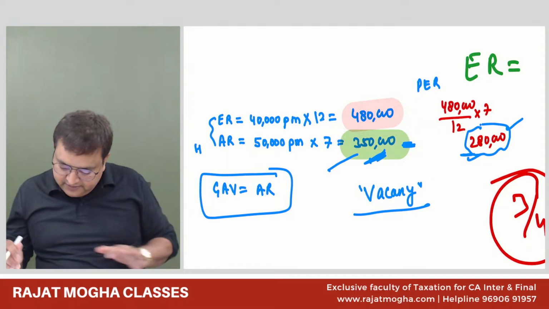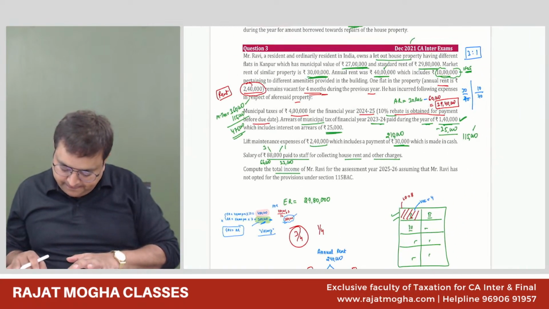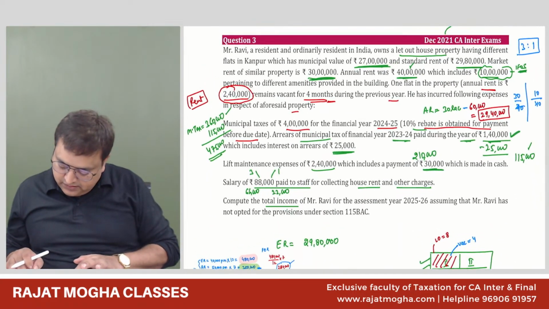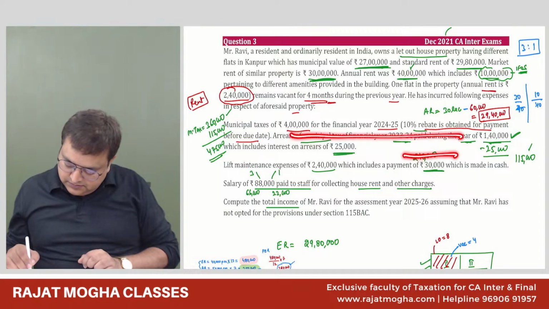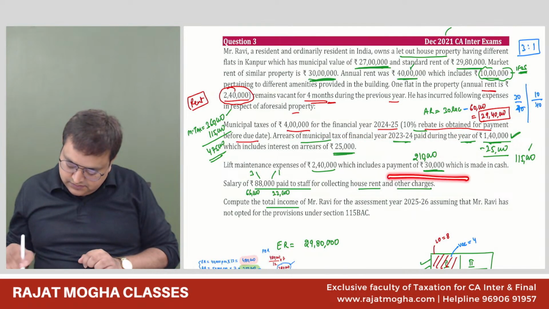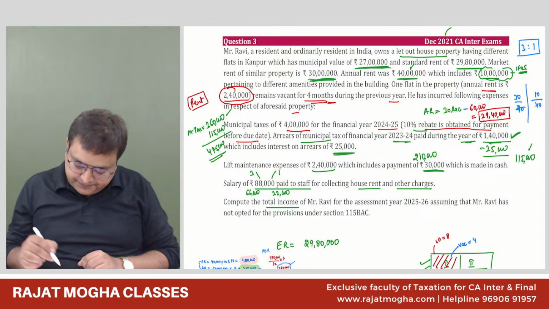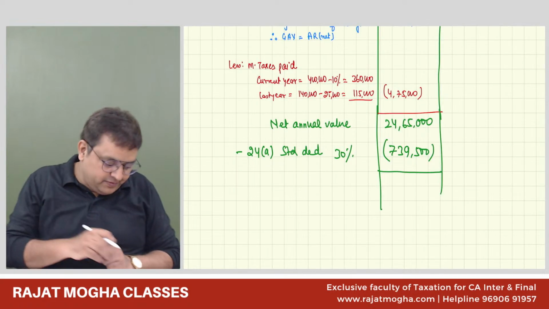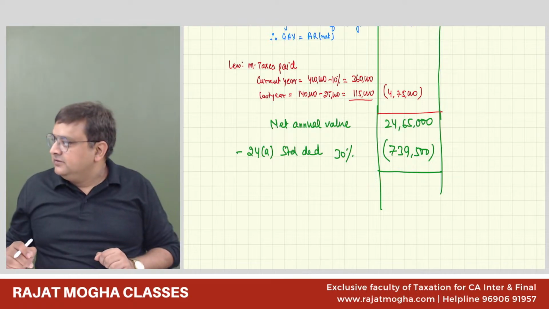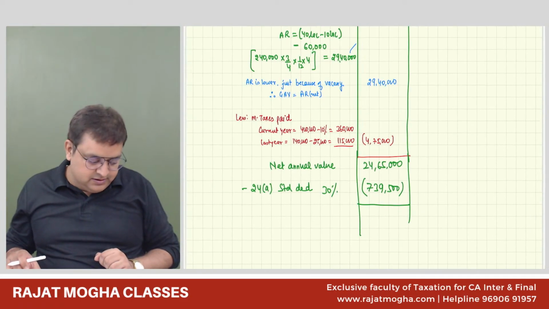I didn't find any interest on loan. No, there was no loan. So my house property income will become 17,25,500.